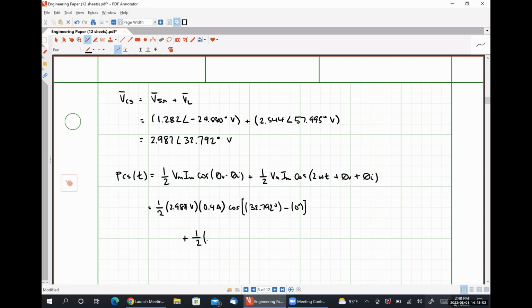1/2 2.987 volts times 0.4 amps times the cosine of 2 times 500t plus 32.792. Apologies. Plus 0 degrees.